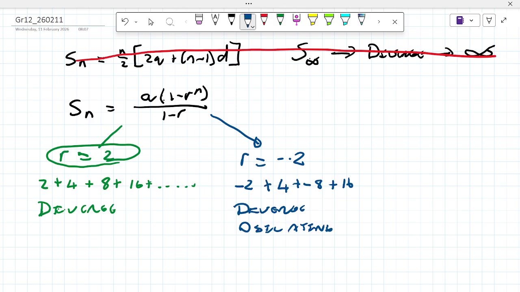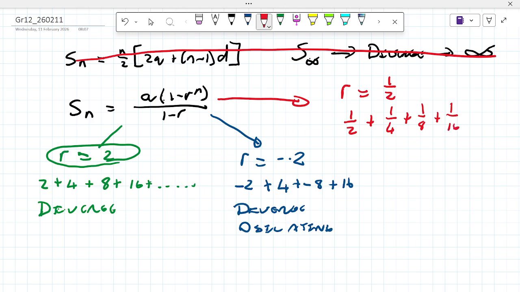The third option is when this r is, say, a half. So if we start, it's going to be a half plus a quarter plus an eighth plus a 16th.